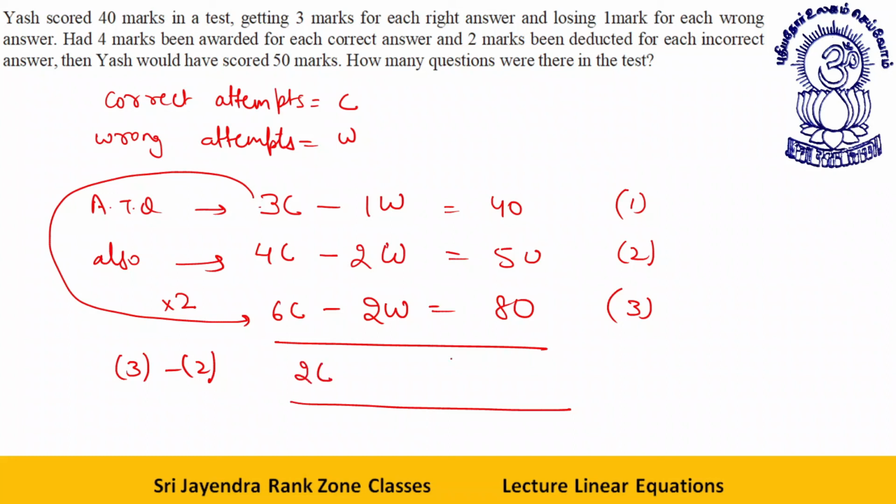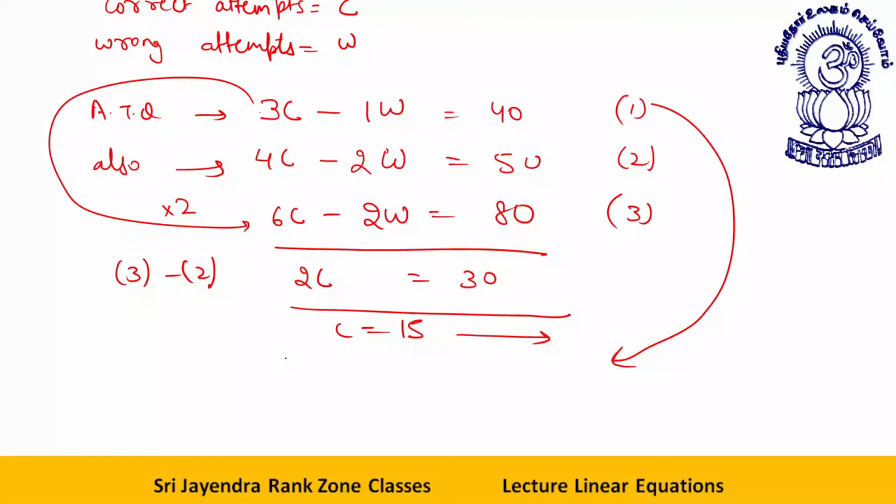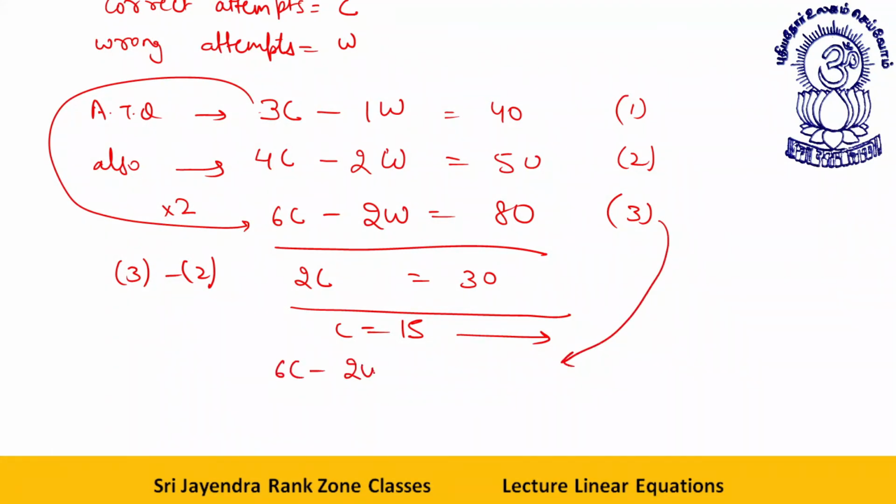This cancels. 80 minus 50 is equal to 30. So correct is equal to 15. If correct is equal to 15, I put this in here. Or a better way, I put this here: 6c minus 2w is equal to 80. That is 90, C is equal to 15. 90 minus 2w is equal to 80. That way 2w is equal to 10, or w is equal to 5.